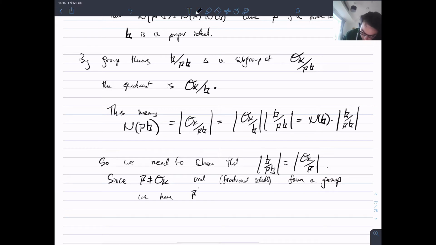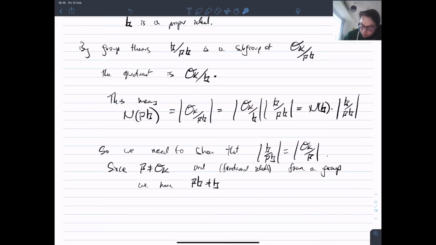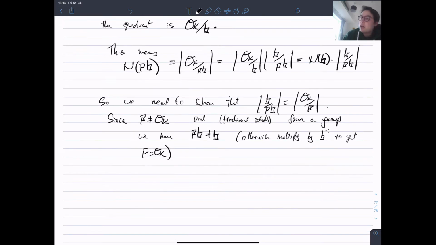We have P times B has to be different from B, because otherwise, fractional ideals being a group, we can multiply through by B inverse, and then you get P is OK, which is not what we want. It's not in the situation that we're in.